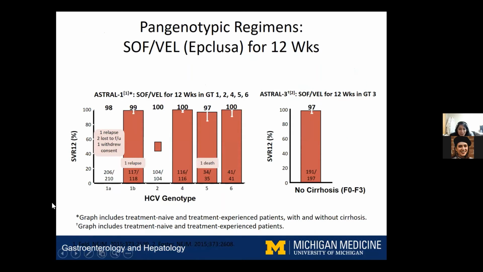I'm not going to get into all the studies that led to the approval of these medicines, but there's been a lot of really great work done through clinical trials and also in real-world studies that led us to not just approval, but widespread use of these treatment options. The data for sofosbuvir/velpatasvir for 12 weeks was shown in the ASTRAL-1 and 3 trials, and really showed an excellent job in terms of curing patients with hepatitis C across genotypes and in patients without cirrhosis.